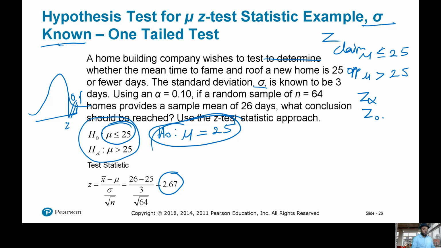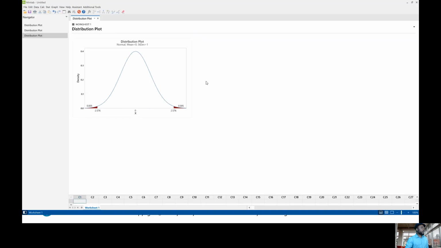I will do a quick review because I know many of you like review, and I'm going to bring up Minitab again to show you how to do this in Minitab. I have also shown you how to do this with your table. Well, let's look at Minitab once more. So here is Minitab. Again, you go to graph, probability distribution plots, view probability.